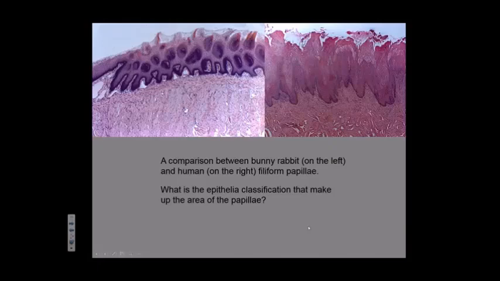Okay, here's some filiform papillae. And I said earlier, filiform papillae do not have taste buds. Circumvallate papillae, foliate papillae, and fungiform papillae have taste buds. Okay? So on this side, this is filiform papillae in an ungulate or a cat. Okay, I don't know what it is. A bunny rabbit in this case.